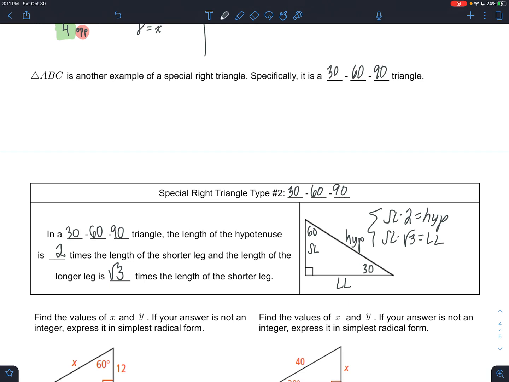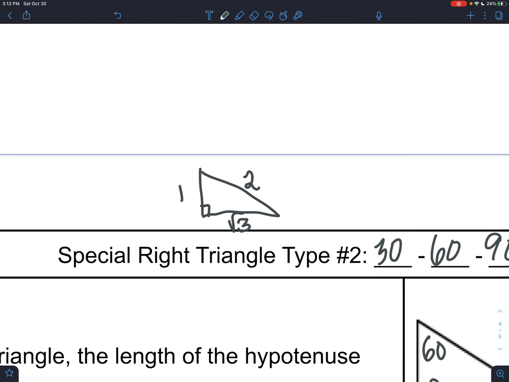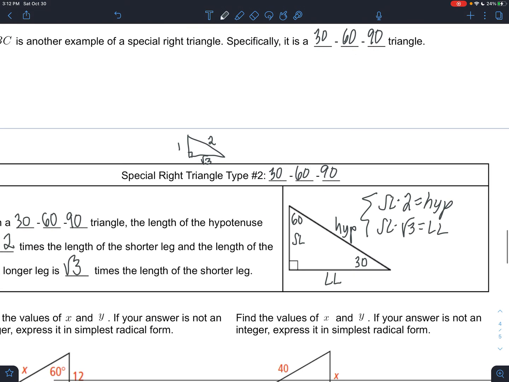Okay? So if you wanted to, the simplest 30, 60, 90 would be when the short leg is 1, the long leg is square root 3, and the hypotenuse is 2. So it's just using those equations when the short leg is 1.